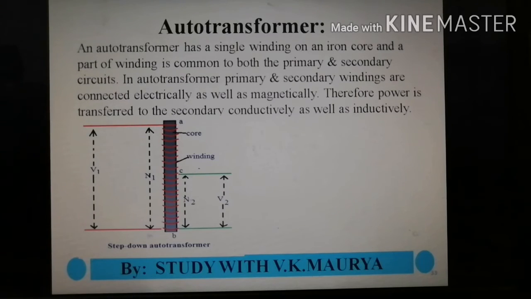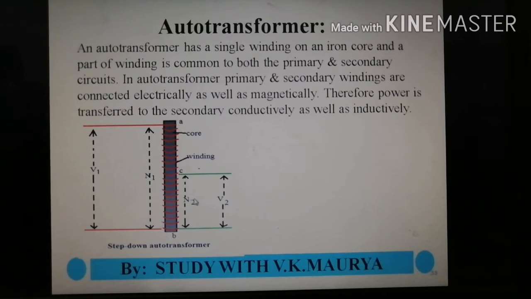Now see the diagram here. This one is the core, a single core on which the winding is wound. There is a single winding over here, and a part of this serves as the secondary winding and another part as the primary winding.